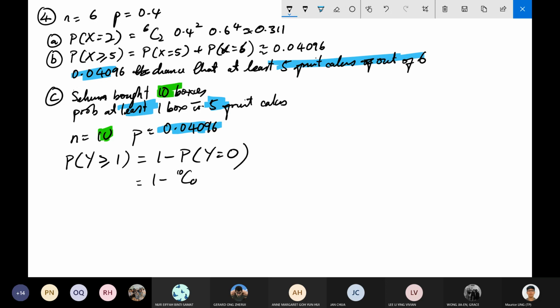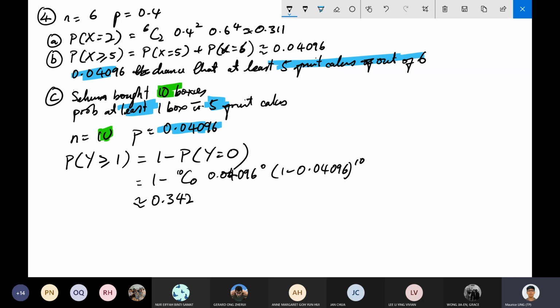So you just take 1 minus 10 choose 0, 0.04096 to the power of 0, multiplied by 1 minus 0.04096 to the power of 10. So you end up with about 0.342.